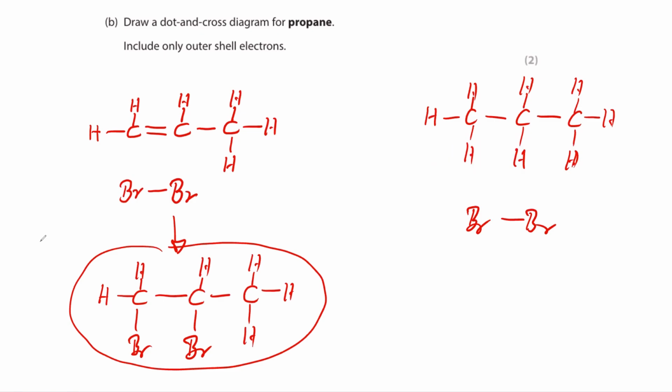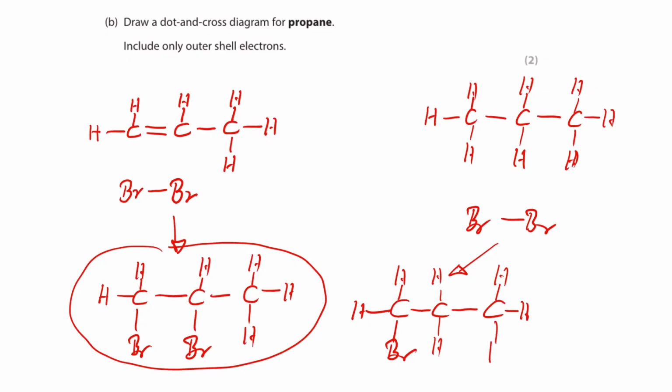Option number one is that bromine can replace hydrogen in the corner carbon. The second option is that bromine can replace hydrogen in the middle carbon. That means the hydrogen in the middle carbon gets replaced by bromine.